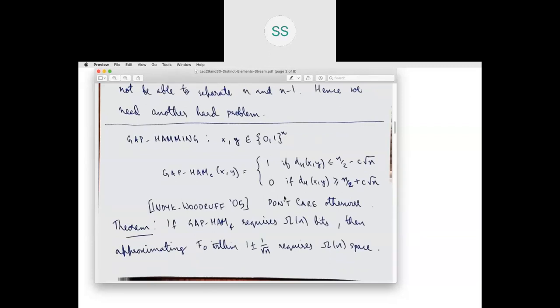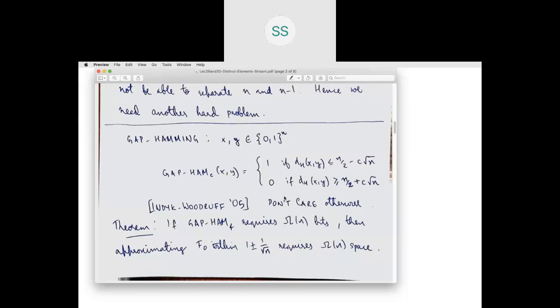So what we will see in this lecture is that if the one round gap Hamming problem requires a linear number of bits, omega n bits, then approximating f0 within 1 plus or minus 1 by square root n requires linear space.